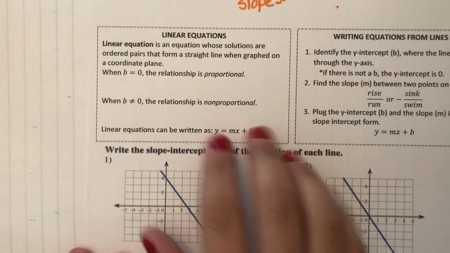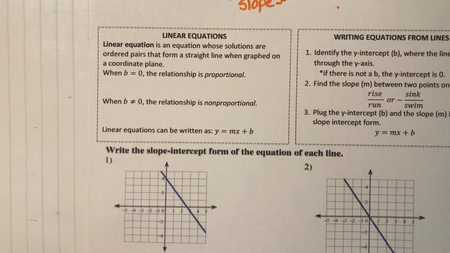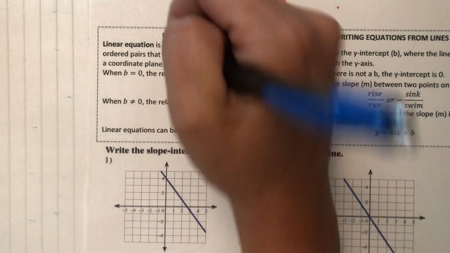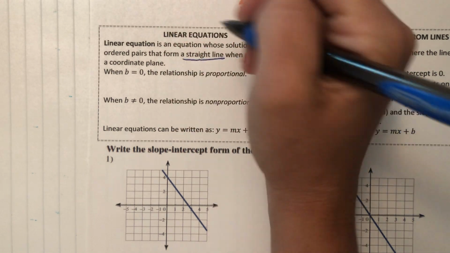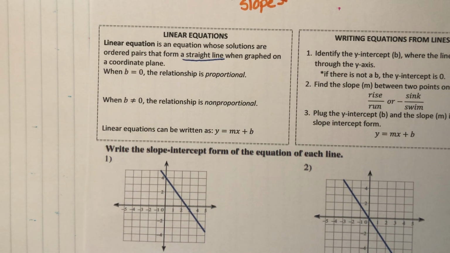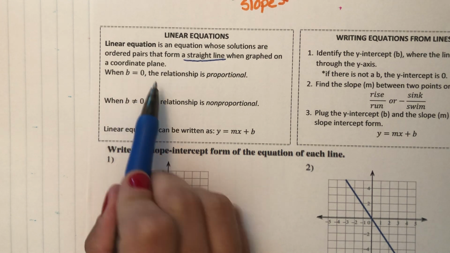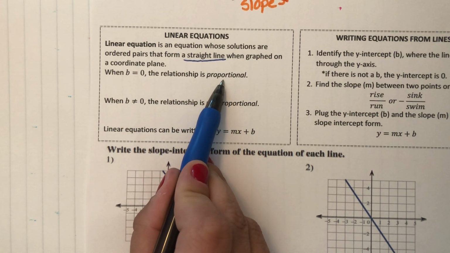So let's talk about linear equations. A linear equation is an equation whose solutions are ordered pairs that form a straight line. Remember, linear means straight, so it forms a straight line when graphed on a coordinate plane. When b is equal to 0, so when our y-intercept is 0, the relationship is proportional.